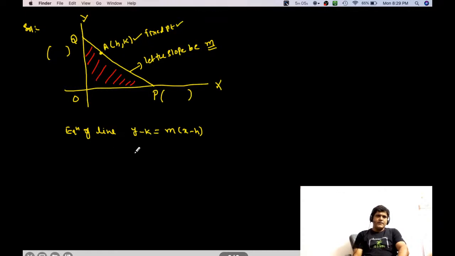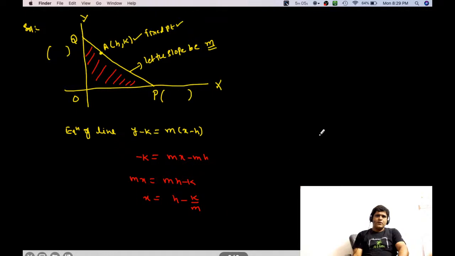On the x-axis y is 0, therefore y minus k is equal to mx minus mh. That implies mx is equal to mh minus k. That is, x is equal to h minus k by m.